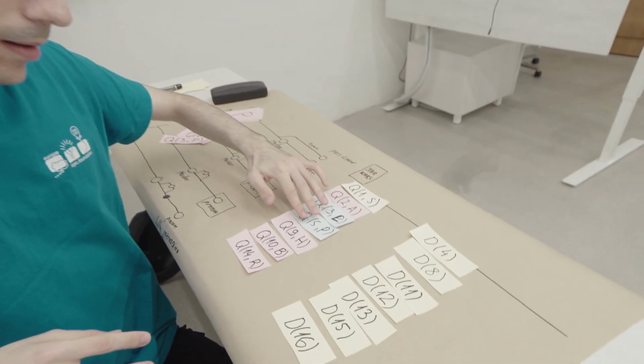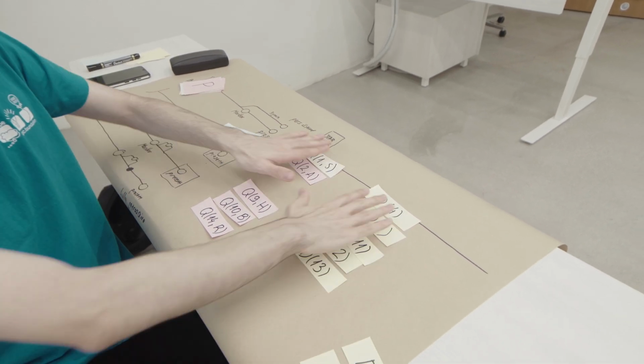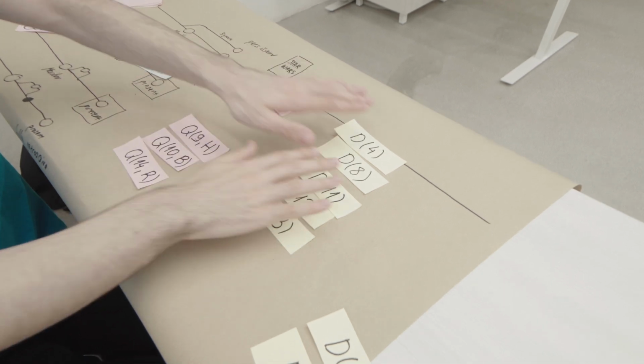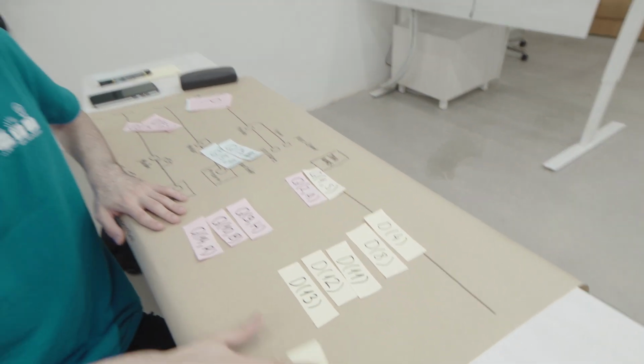If we take away some Q operations here, we also have to take away some DQ operations in order to have the same amount of Q and less or the same amount of DQ operations. Because if we have more DQ, we can't take people out of the queue if there are no people inside the queue, right? This is the consistency problem essentially. And that's pretty much it for retroactive data structures.